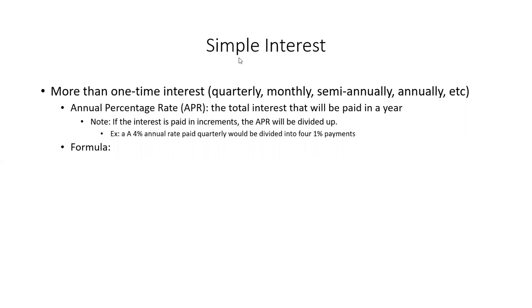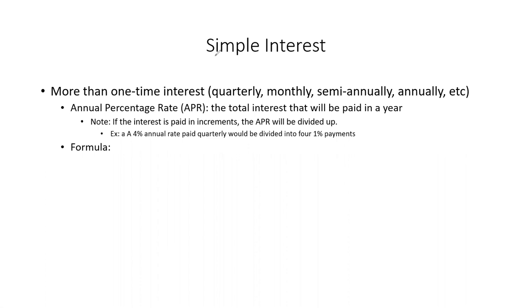Okay, let's move on to more than one-time simple interest. So we're still talking about simple, and I'll explain what other types of interest we could have coming up shortly in this presentation. But before, we had a one-time interest charge. So it was you're borrowing the $200, and then in addition to that, you need to pay back 5%.